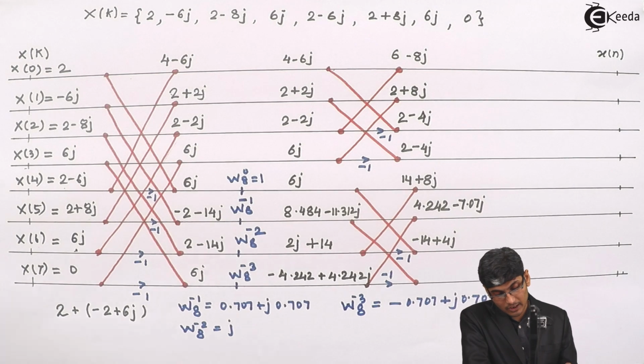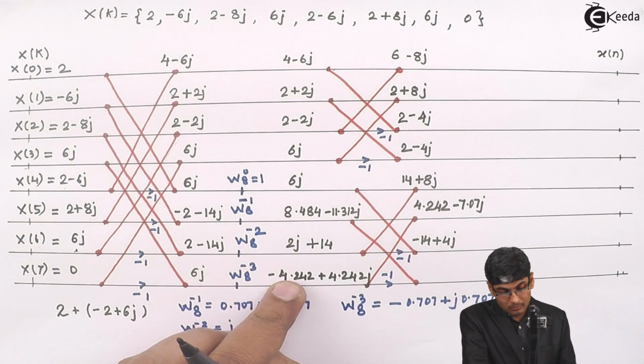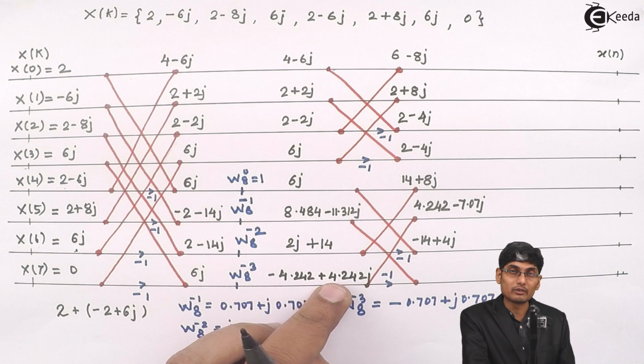Now when I am going to subtract, these two are going to get added up, and these two are also going to get added up.